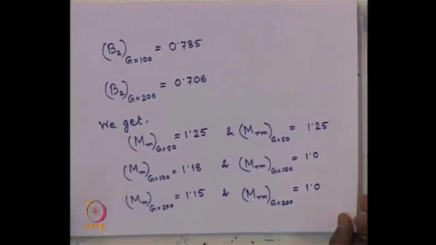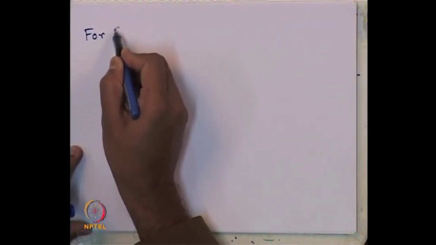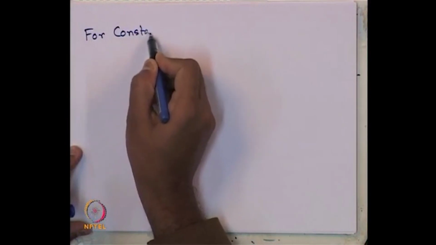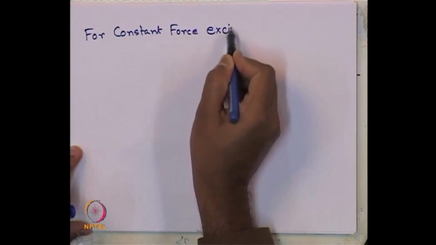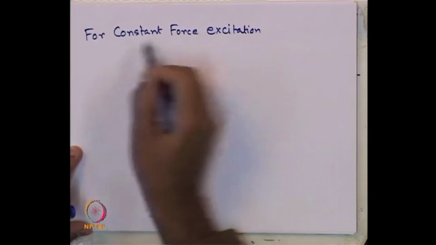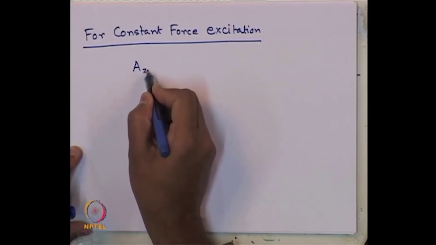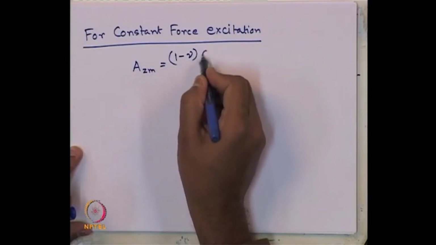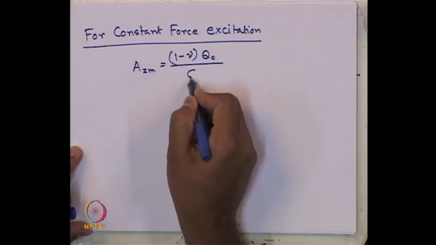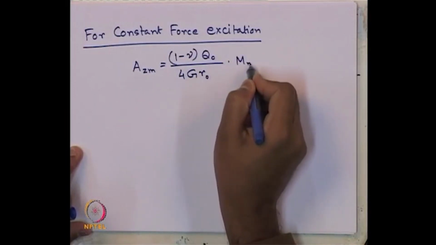Now, let us use the available equations to compute the displacement amplitude. For constant force type excitation, the expression is AZM equals 1 minus mu, q naught by 4 G r naught, times MM.